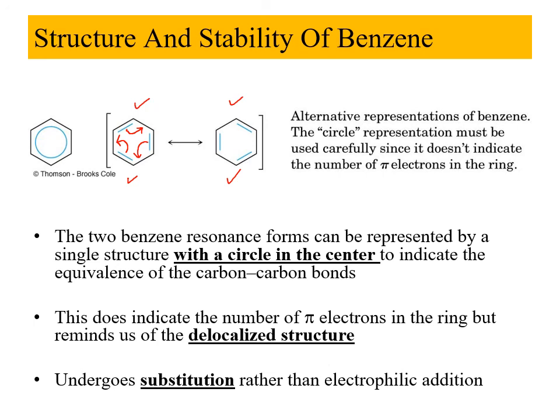We can also draw the benzene structure by putting a circle inside the benzene ring. So it is understood that benzene has delocalization of electrons. So benzene prefers to undergo substitution rather than electrophilic addition.